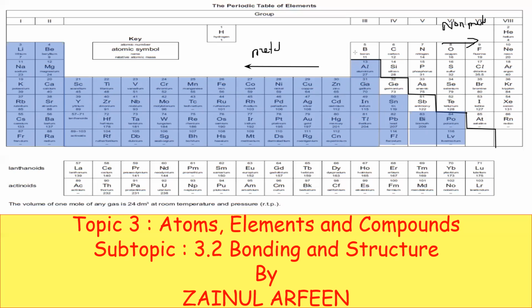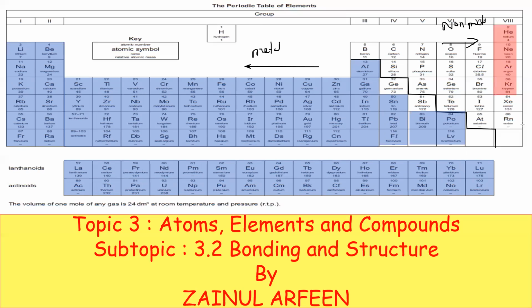So draw a stair between boron and aluminium. On the left hand side, this whole side, the blue shade is representing the metals. And the right hand side of this stair is representing the non-metals, which I'm using a pink shade to represent.